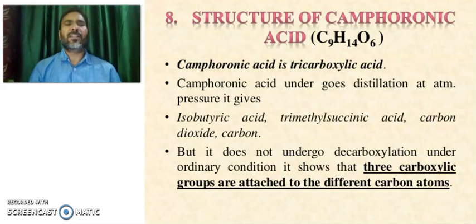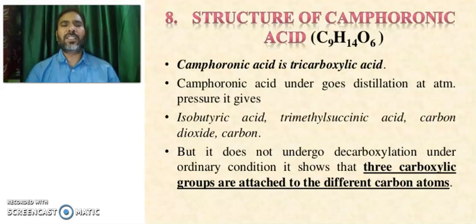Now friends, structure of camphoronic acid, C9H14O6. Camphoronic acid is a tricarboxylic acid. Camphoronic acid on distillation at atmospheric pressure gives isobutyric acid, trimethylsuccinic acid, carbon dioxide and carbon. But it does not undergo decarboxylation under ordinary conditions.